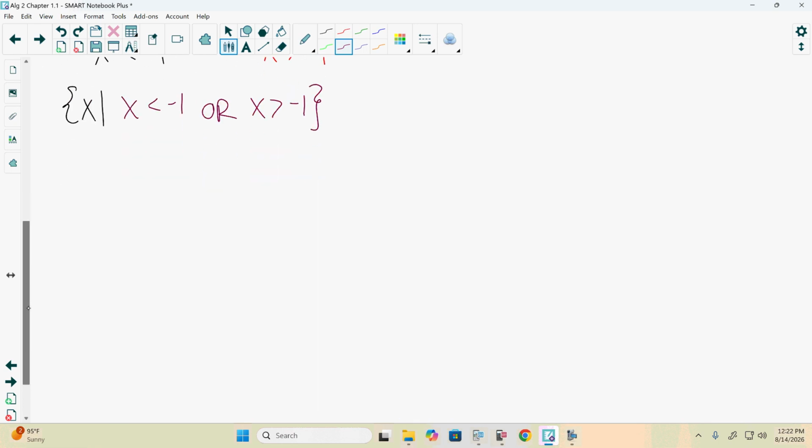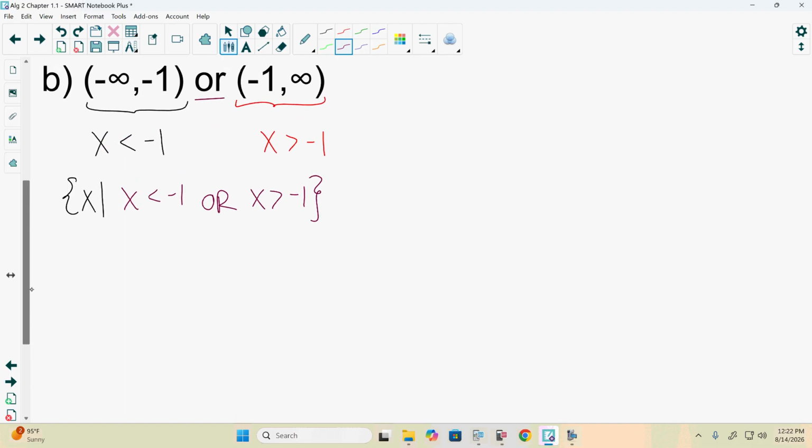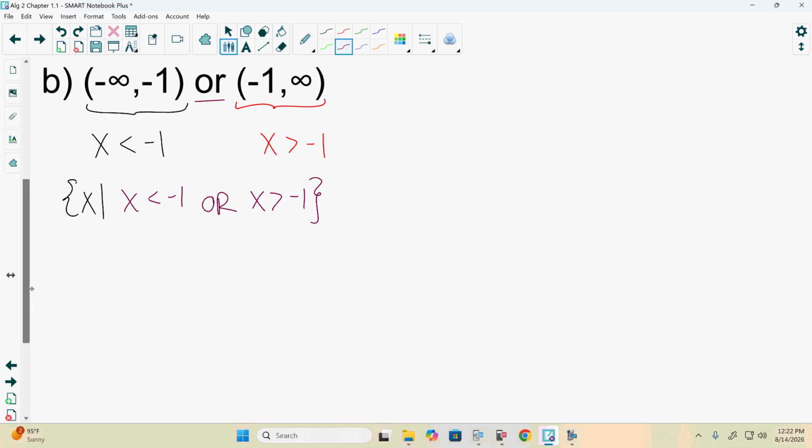Questions on this here? I mean, yes, we could technically write this nicer, because if we look at this, we're saying that we want all the numbers that are smaller than -1 and all the numbers bigger than -1. What is the only number we don't have? -1.